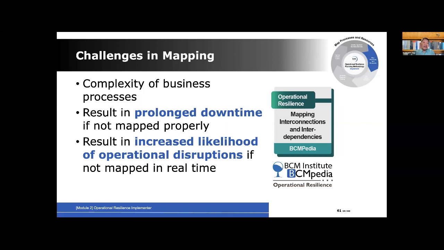It can then result in an increased likelihood of operational disruption if not mapped in real time. I guess this is referring to the consequence of not accurately mapping the interconnections and interdependencies, all right? It will lead to not only prolonged downtime, but it will also increase the likelihood of operational disruption, because you miss out considering this particular bit of the equation altogether.